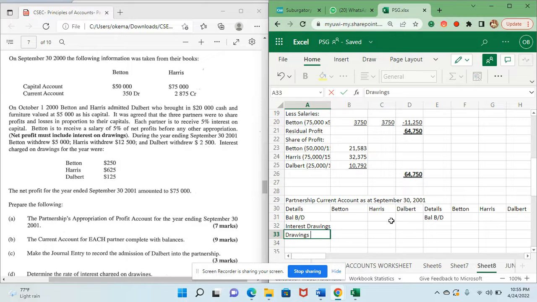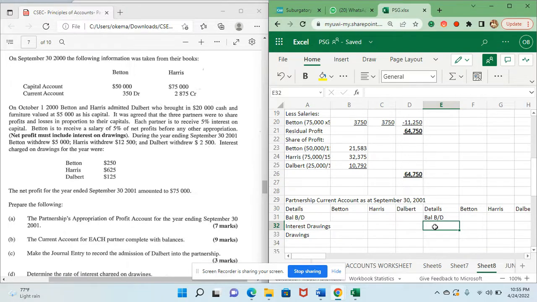On the debit side, this is everything that the business is expecting to get back, right? And on the credit side, this is everything that the business is expected to pay back. Okay, so we have interest on capital, we have salaries, and we have our share of profits.